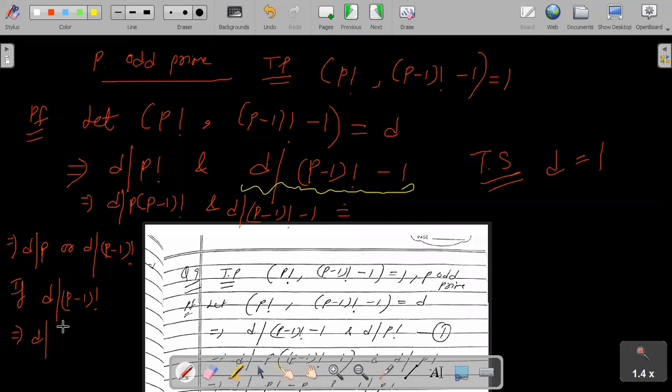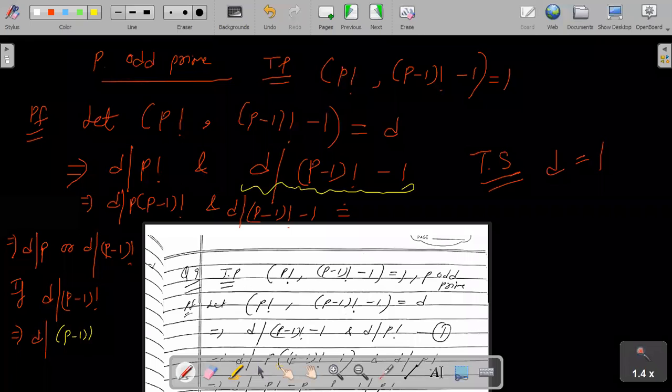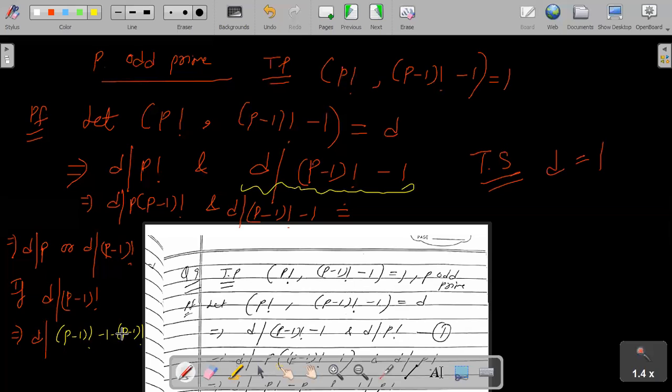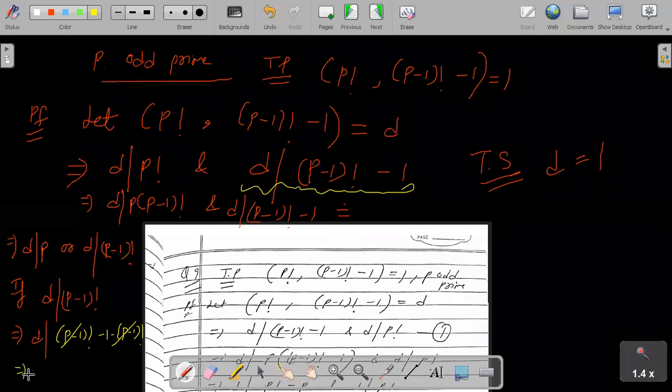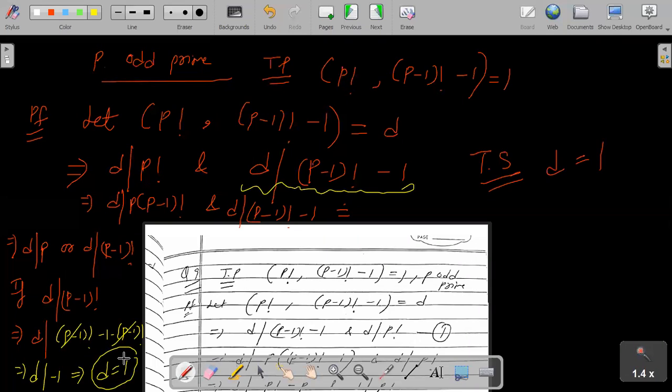So D will divide इन दोनों का डिफरेंस. So P minus 1 factorial minus 1 minus P minus 1 factorial. So you see it means what? D divides minus 1. So obviously D is positive integer, so D is 1. यही कह रहे हो आप? Yes ma'am. तो ये तो आपने very good, perfect start.